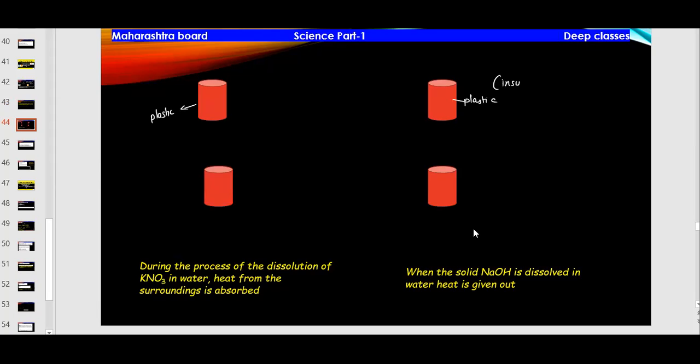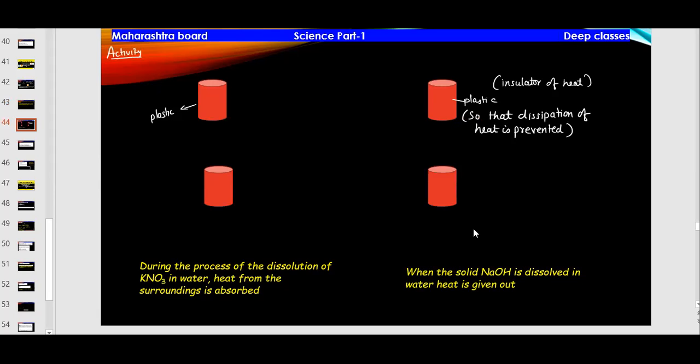We are discussing one experiment here. Why plastic? So that dissipation of heat is prevented.